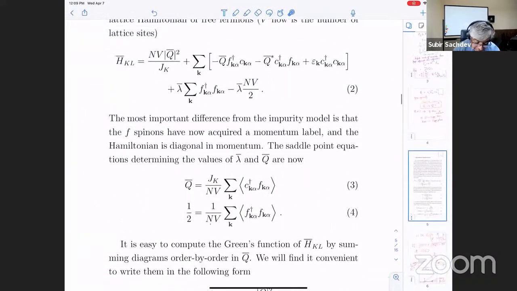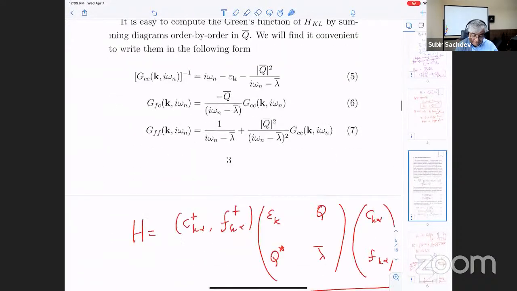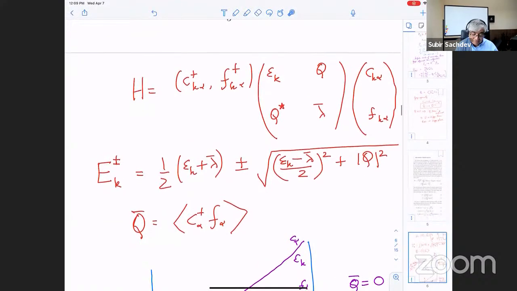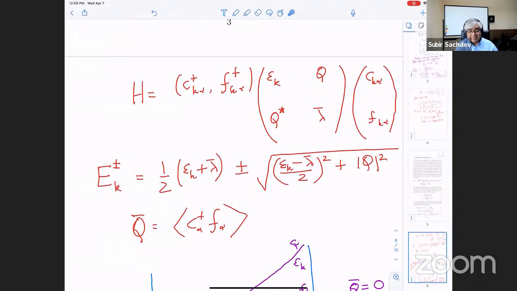So here's the Hamiltonian. There's two ways to proceed. You can just rediagonalize the Hamiltonian, as I showed you last time. It had these eigenvalues and some eigenvectors. You can define new operators that create the eigenvectors and then work in terms of the new operators. That's effectively what we did for superconductivity.